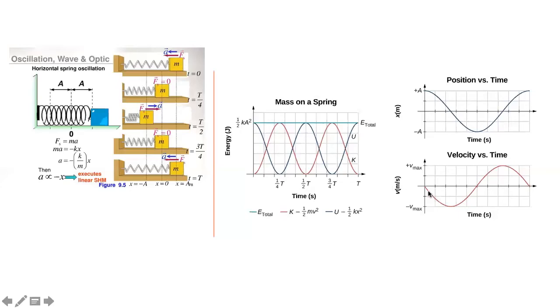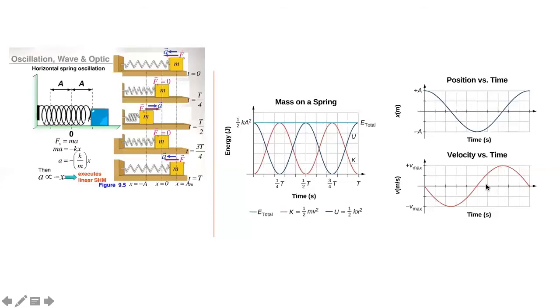So we call this A, C, and E. The velocity here is 0, but the velocity is maximum whenever it is at the equilibrium position. You can also refer to this like a pendulum. Here we have negative because it's going to the left, and here we have D, which is going to the right. So we have the velocity versus time graph.